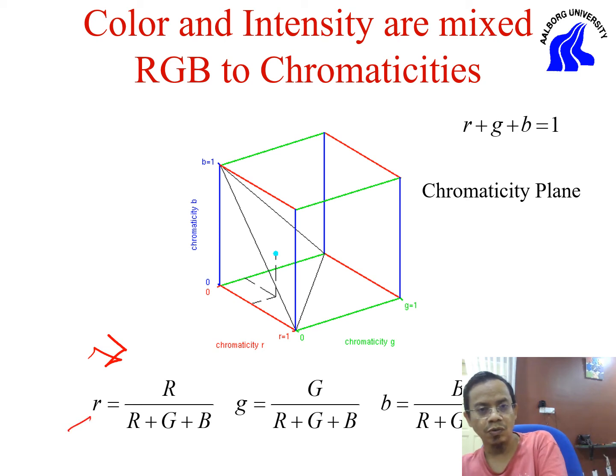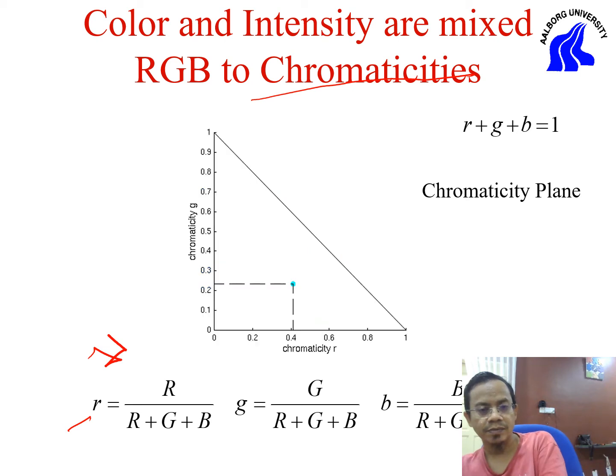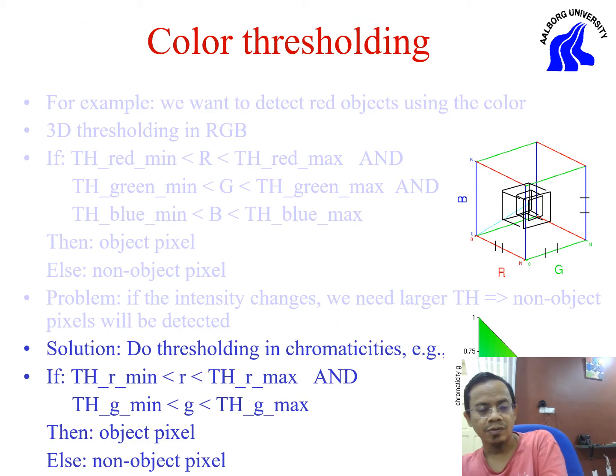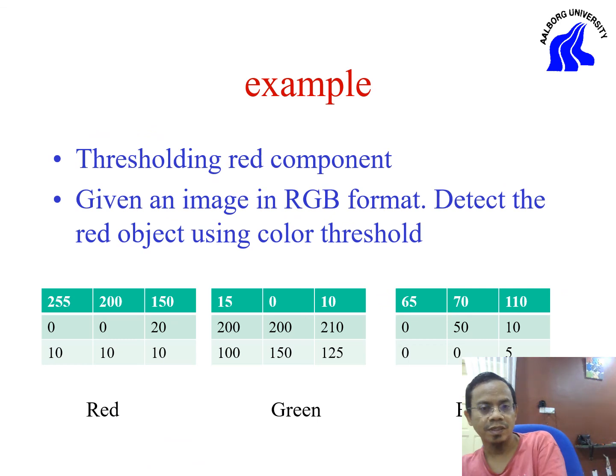We call it chromaticity. So do thresholding in chromaticity, and you will get a better color thresholding output. You can try this example: given an image in RGB format, detect the red object using color threshold.